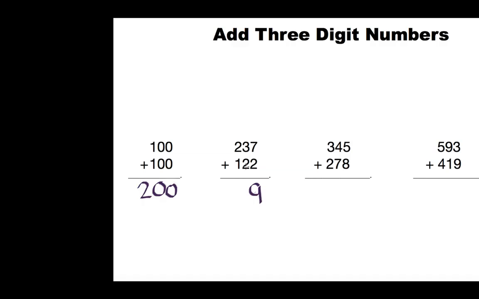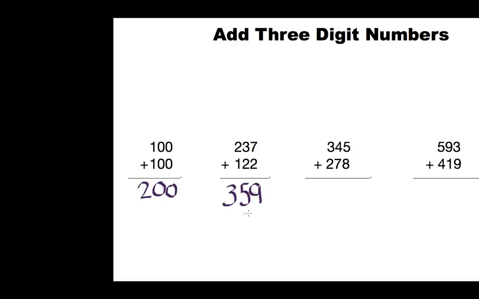Now we are going to look in the tens place. 237 plus 122. 3 plus 2 equals 5. So you have 5 tens. Okay, now we are going to look at the hundreds place, and we have from top to bottom 2 plus 1, which equals 3 hundreds.